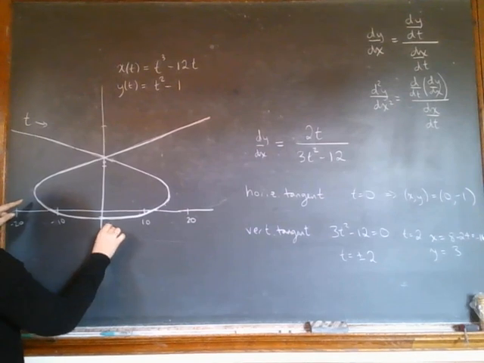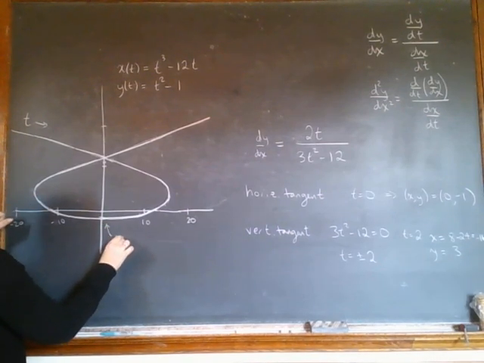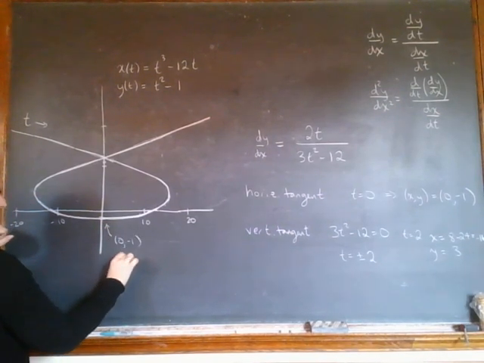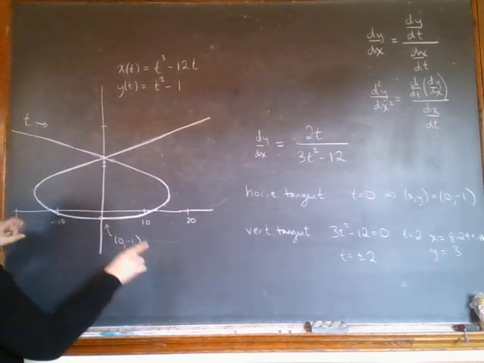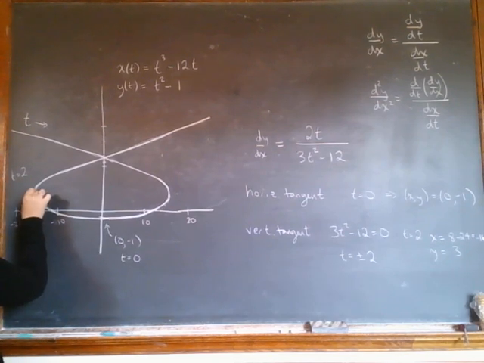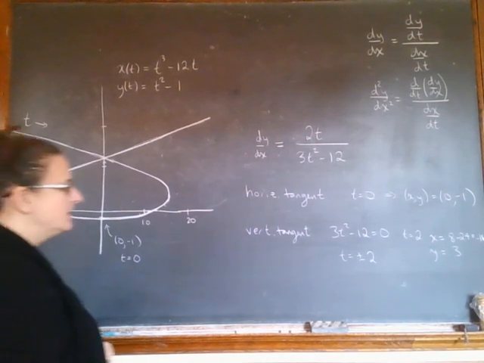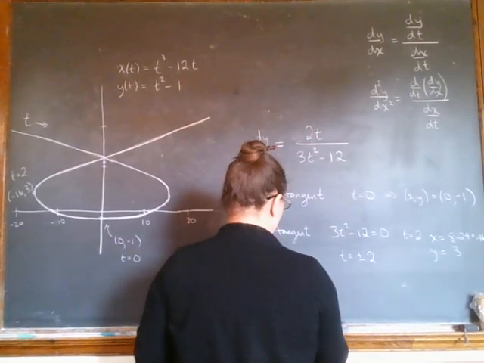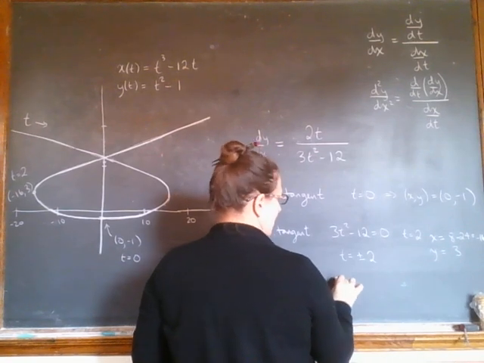That's this one. So this one, 0, negative 1, corresponds to t equals 0. And for some reason I did t equals 2 first, but that's okay. That corresponds to this point, which is negative 16, 3. And then if I do my other, t equals minus 2, then what do I get?